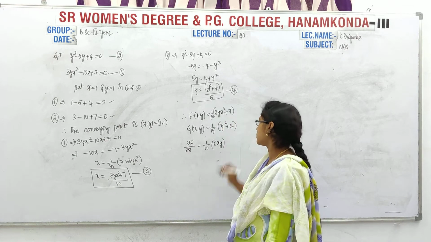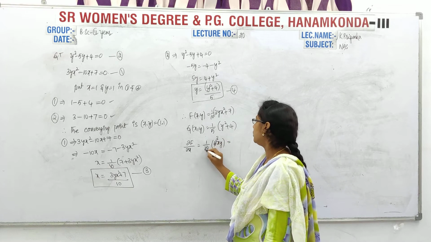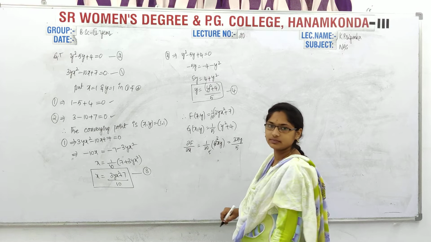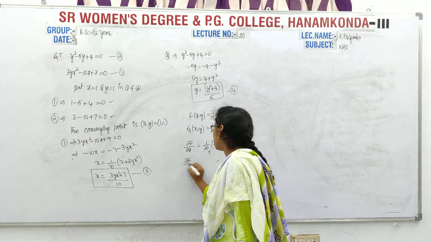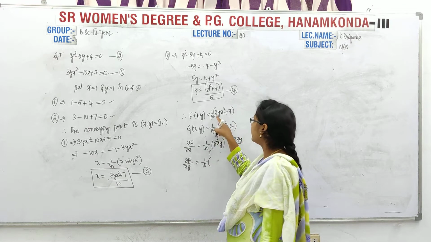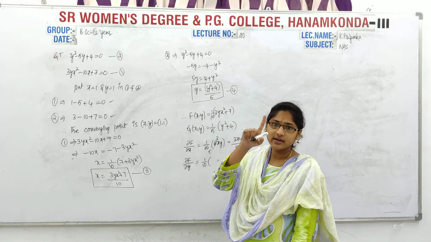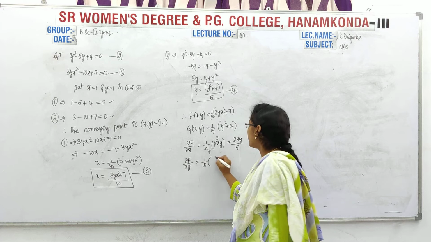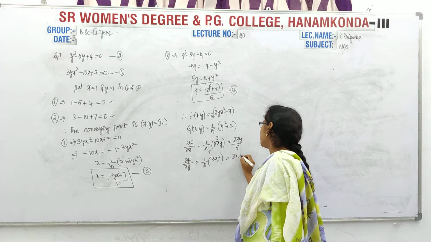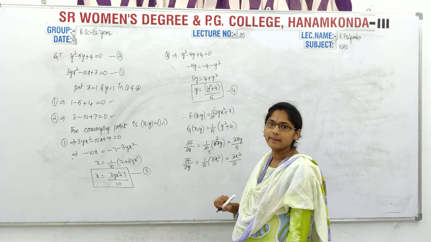So simply 3xy by 5. Next dou f by dou y. 1/10 is constant and 3y means the y derivative is 1 with respect to y. Now it is 3x square, which is equal to 3x square by 10.